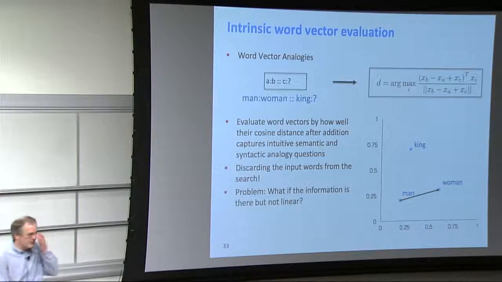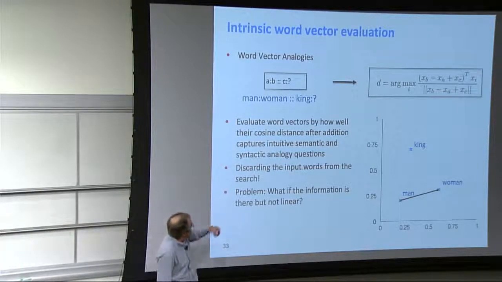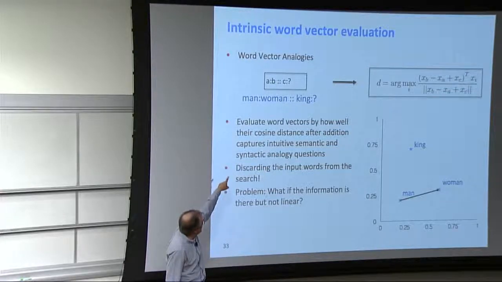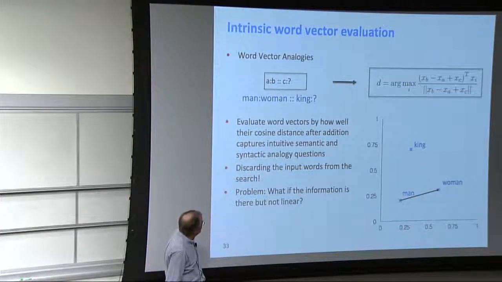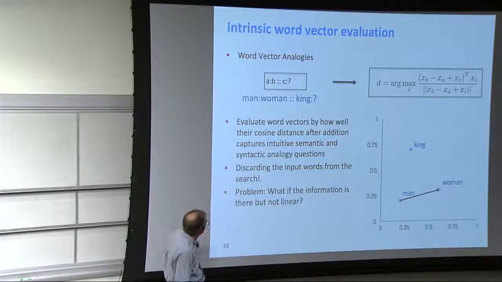Okay, so today I'm mainly going to say a little bit more about these intrinsic word vector evaluations that we've talked about. We've talked quite a bit about these analogies. If we're actually working out the analogies, it turns out that normally what people are doing is working out a cosine distance, an angle between different word candidates, to work out which is the word that solves the analogy, which is another little tiny wrinkle of difference there.